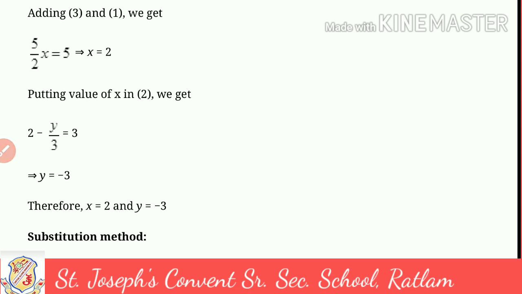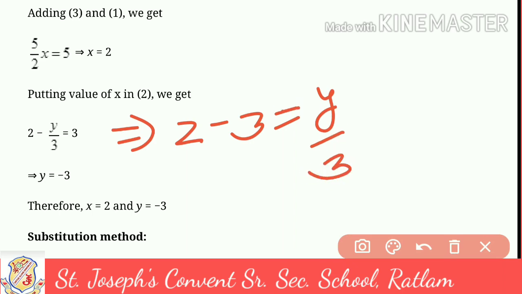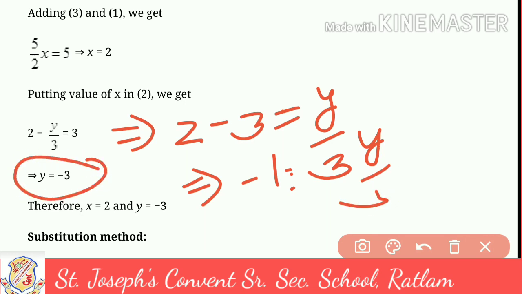See, y upon 3 you can shift to the other side and it will be 2 minus 3 is equal to y upon 3. So this will be minus 1 is equal to y upon 3. So finally you know y will be equal to 3 into minus 1, that is equal to minus 3.